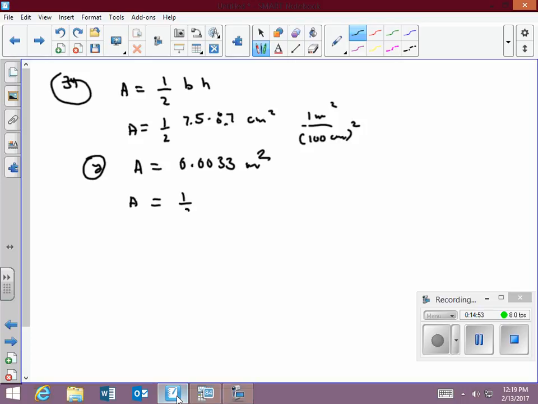So we get 1/2 times 7.5 times 8.7, and this is centimeters squared. Then we have 1 inch squared is 2.54 centimeters squared.